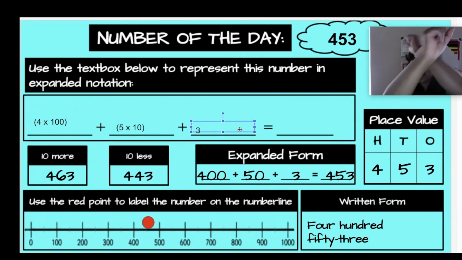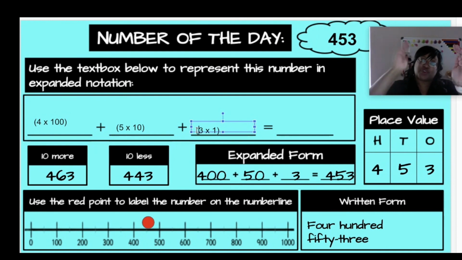And what do we say? Groups of 1. So it's how many groups times, or groups of, the place value. Let me put the other parentheses. You have to open your parentheses and you always have to close them. They come in pairs, not just one. Never leave a parenthesis hanging open.